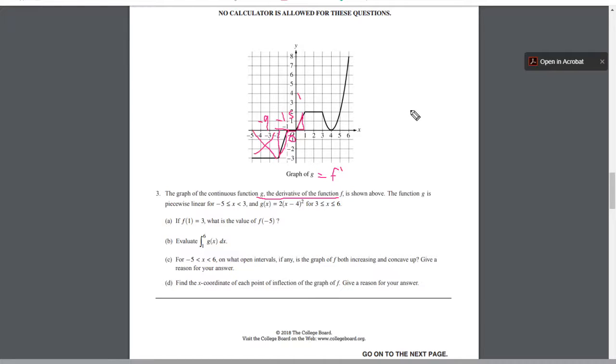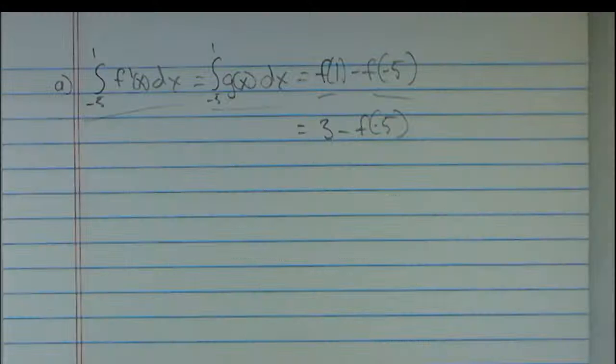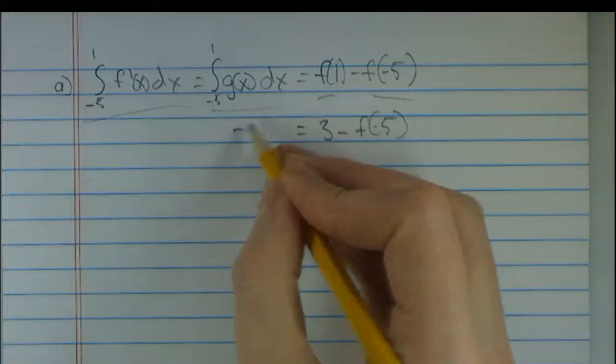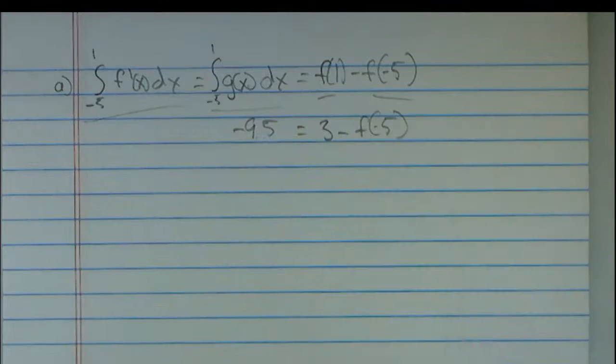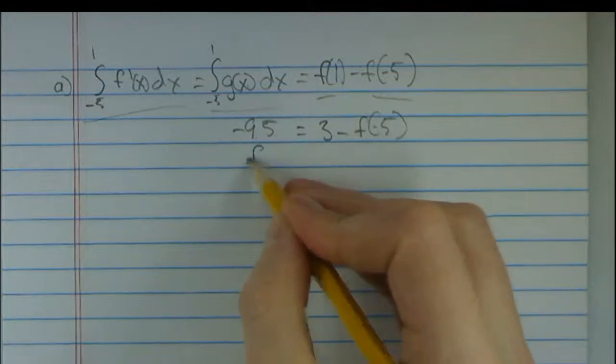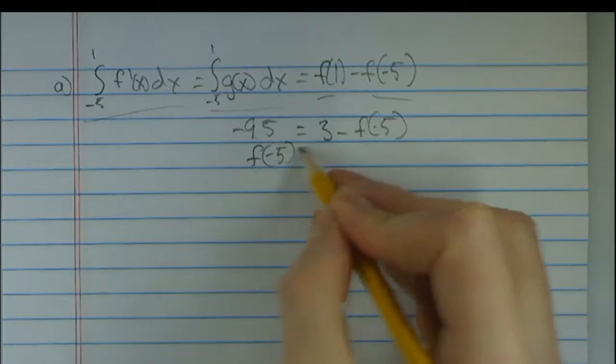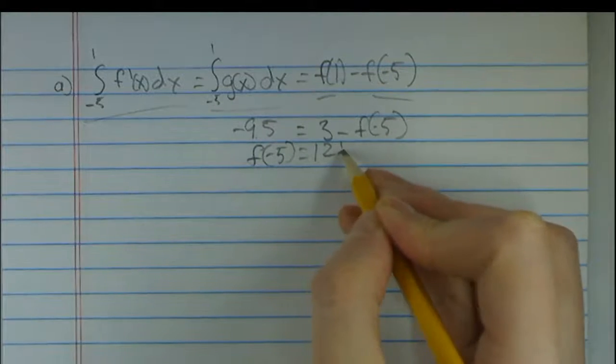So that is -9.5. Solve this for f of -5. Add that, then we get f of -5 equals 12.5.